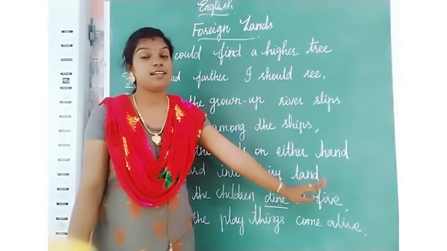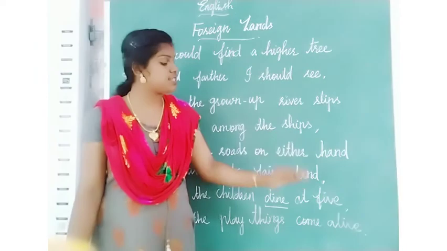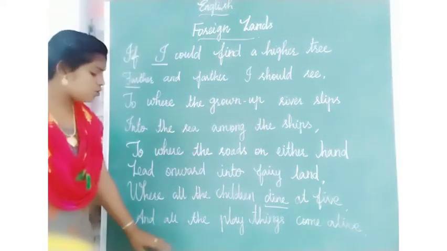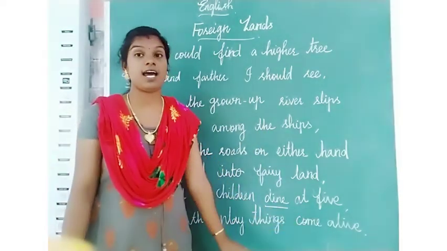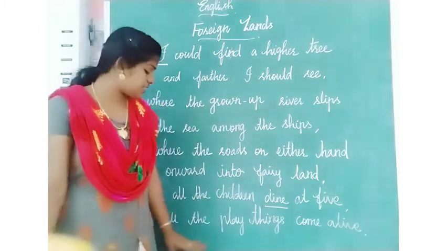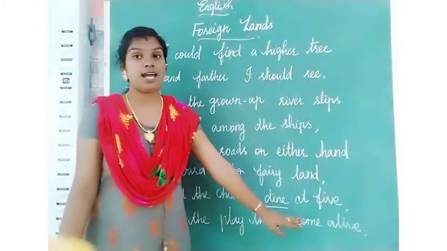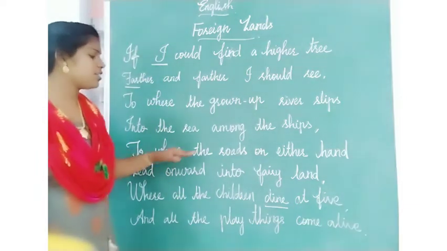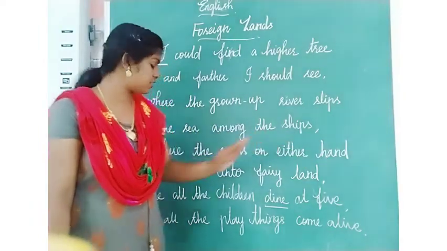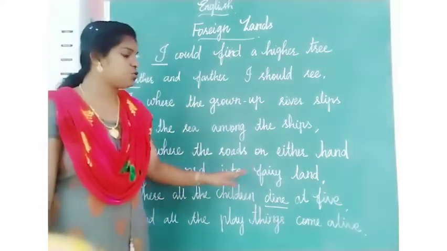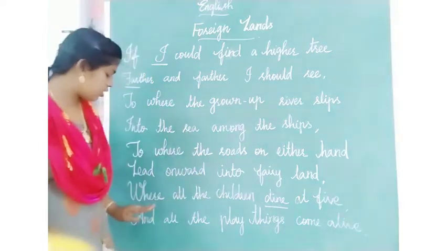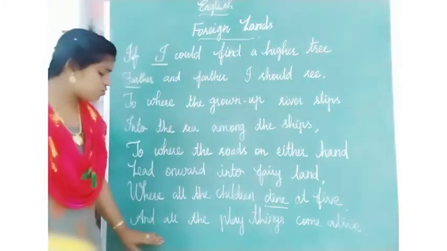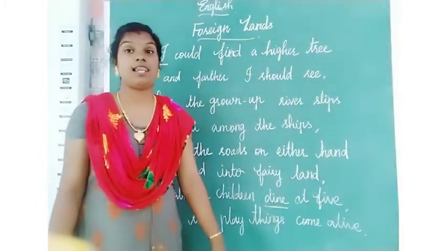This is the imagination of that child. And all the playthings come alive. Got it now? Yes. To where the roads on either hand lead onward into fairyland, where all the children dine at 5 and all the playthings come alive.